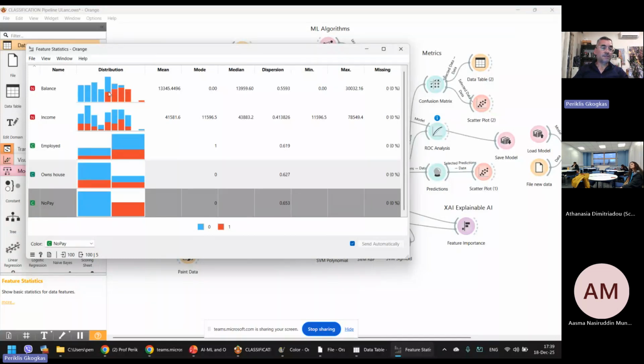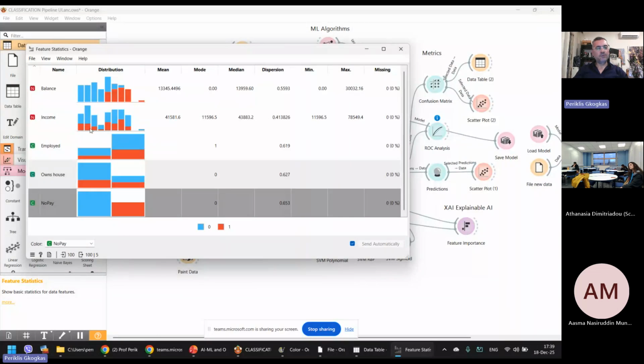But when you start with balances from this point and to the right, higher balances, the people start to not pay their credit cards. They start becoming bad customers. The same information is here for the income variable.